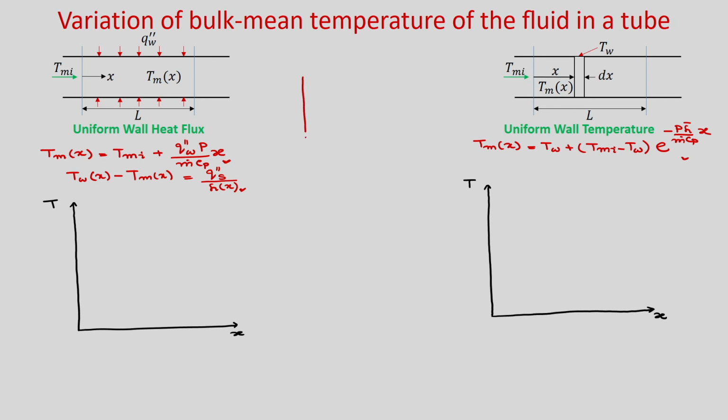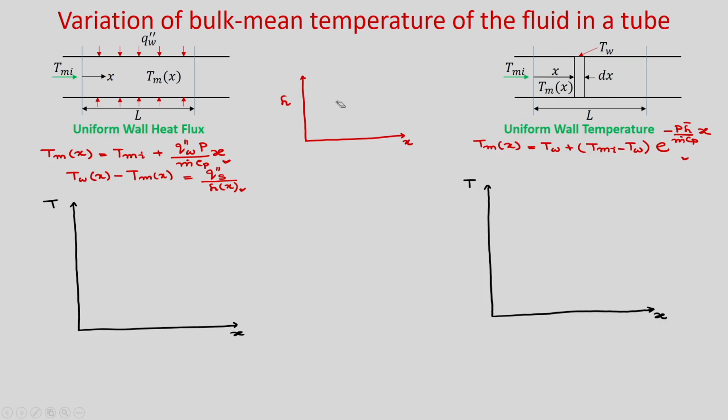So, if you plot h with the axial direction, then you will see that when the fluid is entering the channel, it will have a very high heat transfer coefficient.